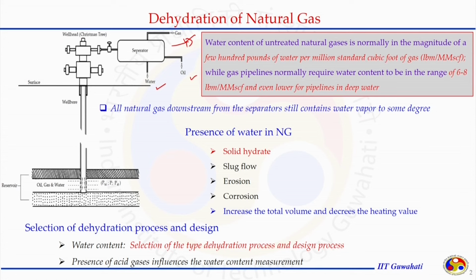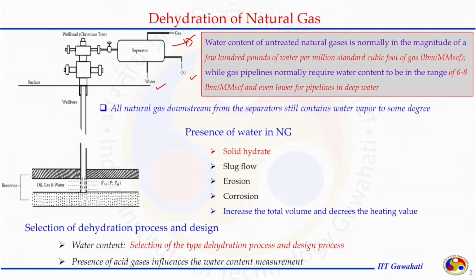And from that perspective, the natural gas after the separator is supposed to be treated to remove the impurities present in the natural gas, or some valuable compounds that are also present in the natural gas. And the water that is getting separated at the separator is just free water.